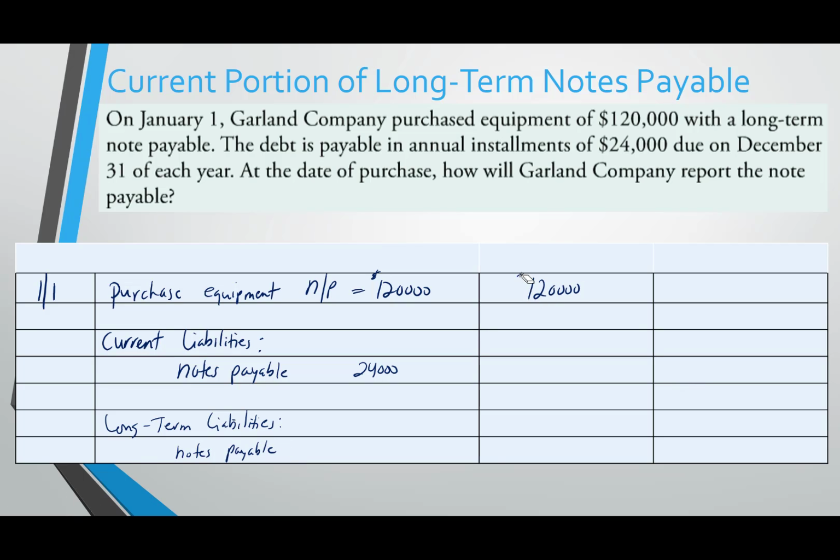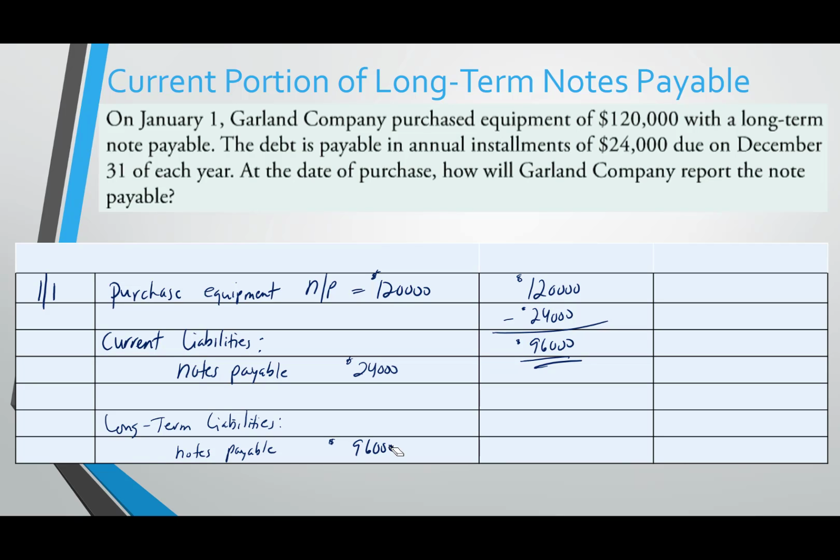So we would take $120,000 minus the current portion of $24,000. So long-term would be classified as $96,000. So you can see how that's broken down.